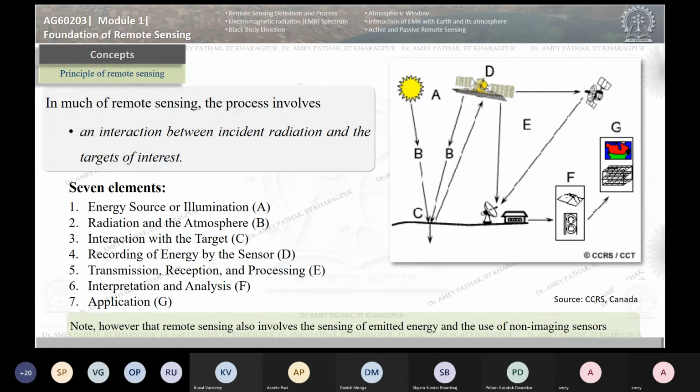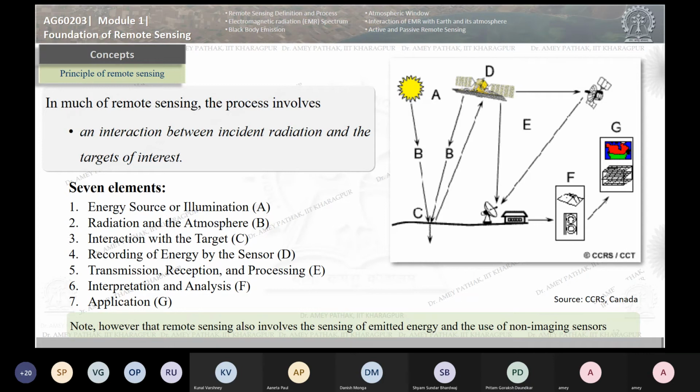Okay, so this travels through. This is our Earth's atmosphere, but from the sun to Earth it travels through vacuum at the speed of light and then interacts with the Earth's atmosphere. The light starting from the source travels through the vacuum and reaches the Earth's atmosphere, which consists of nitrogen, oxygen, and various other types of gases.